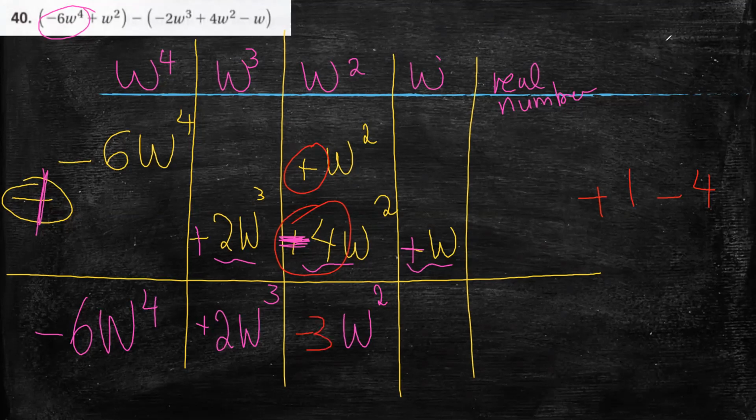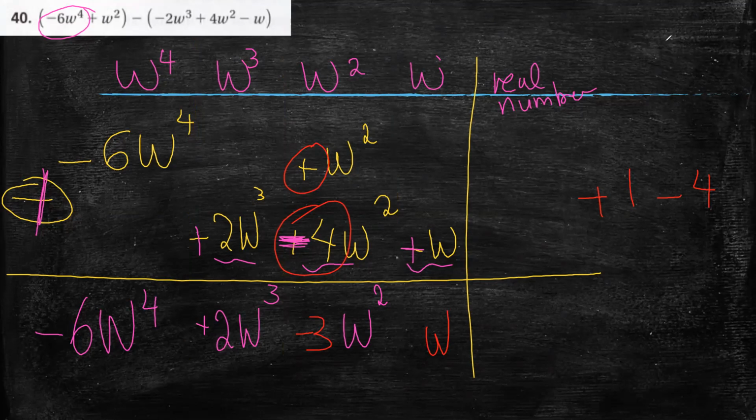And nothing plus w is w. So the final answer is negative 6w to the power 4 plus 2w cubic minus 3w squared plus w.